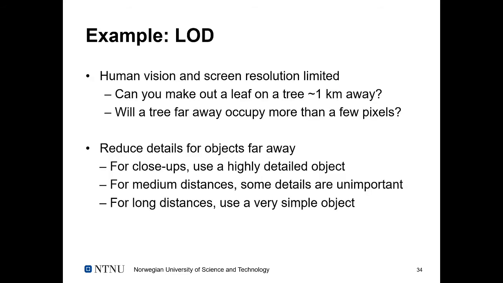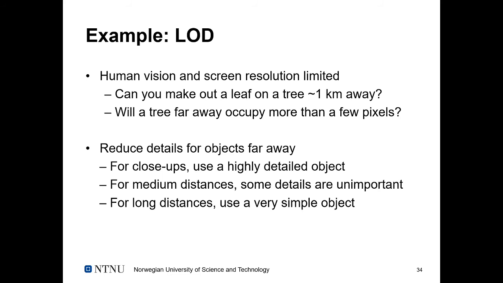Right, and then you have this level of detail node. So we're quite familiar with the fact that human vision cannot really differentiate high resolution when something is moved at a distance. So the further away an object becomes, the less resolution it can have without us actually noticing a difference. So if, for example, you take a tree or a leaf on a tree, you cannot really see it if it's far enough away.